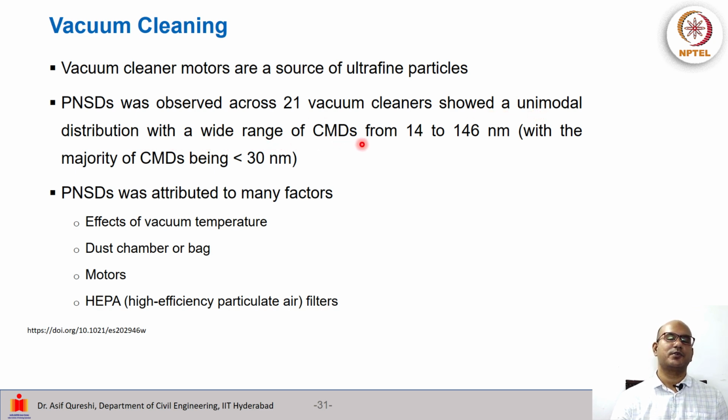Although the distribution was unimodal, the count median diameters were 14 to 146 nanometers, generally mostly being less than 30 nanometers. This was attributed to many factors such as temperature, the type and presence of a dust chamber or dust bag, the motors, and even the type of high efficiency particulate HEPA filters.